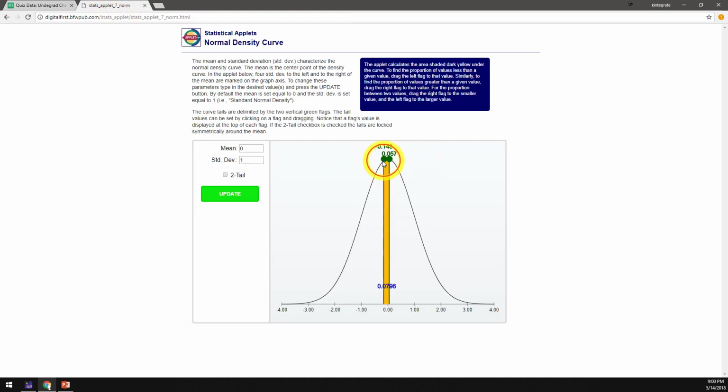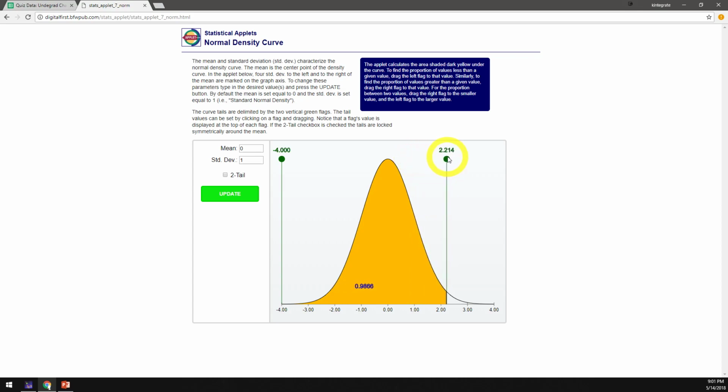We're going to move the far left slider all the way to the left, and we're going to move this circle around the cursor to the top number. This is the z-score, which corresponds to the horizontal axis. This number right here is the proportion of individuals that are shaded in the orangish yellow color. As I slide this, it gets higher and higher, up to 2.26.